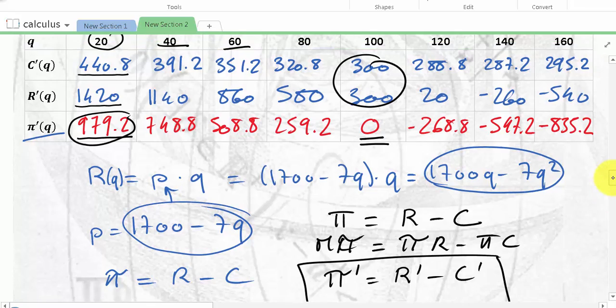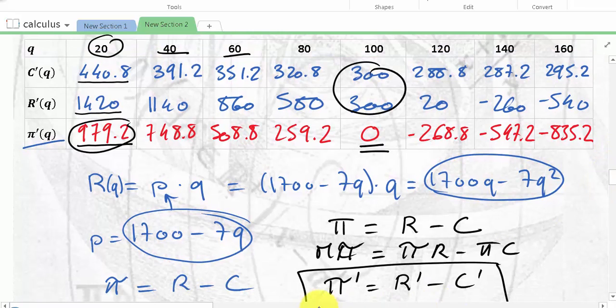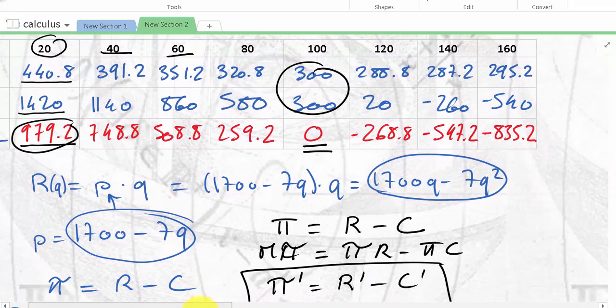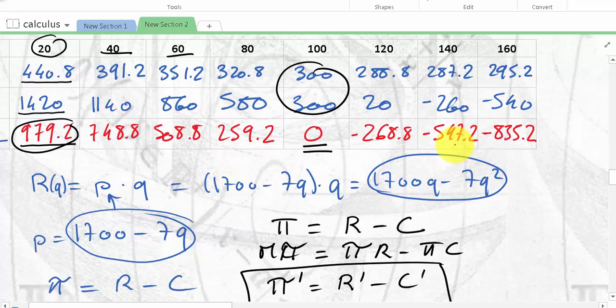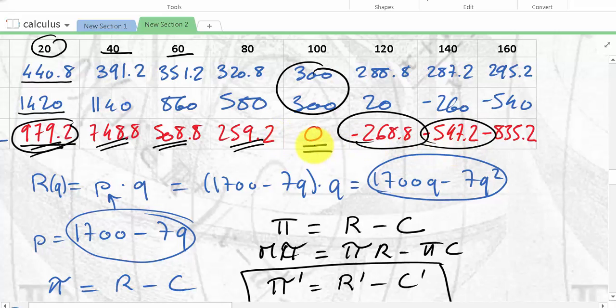Okay, great. And so now, how do you spot the best level of production? Well, what do you want for the marginal profit? Check it out. The marginal profit right here is positive, right? That means the profit is increasing. The profit is still increasing. What does it mean that it's negative? It means the profit is decreasing.